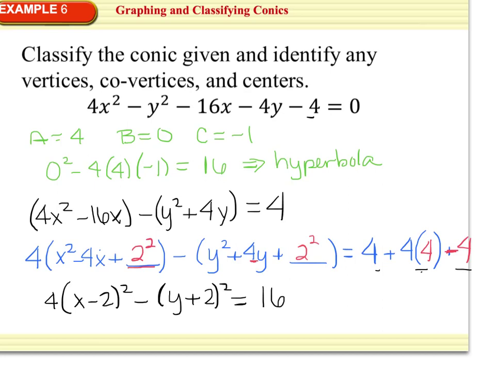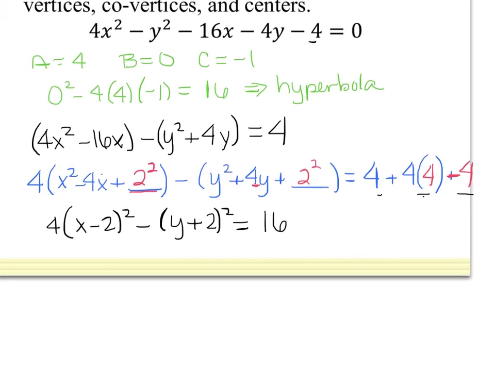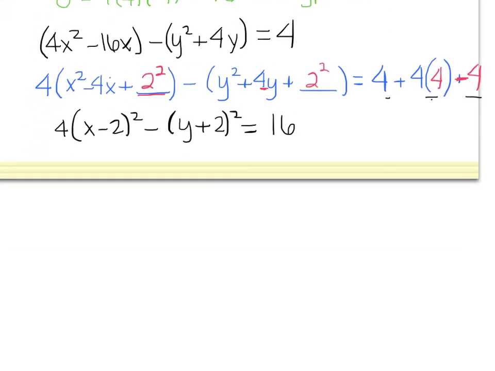Because this is a hyperbola, I know that I need to have my right-hand side equal to 1, so I need to go through and divide everything by 16.